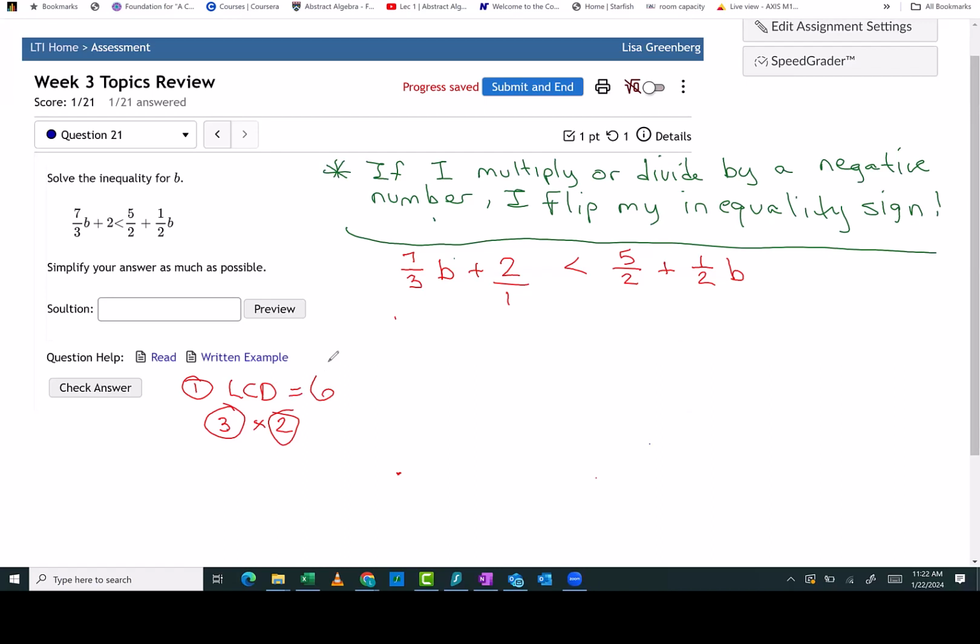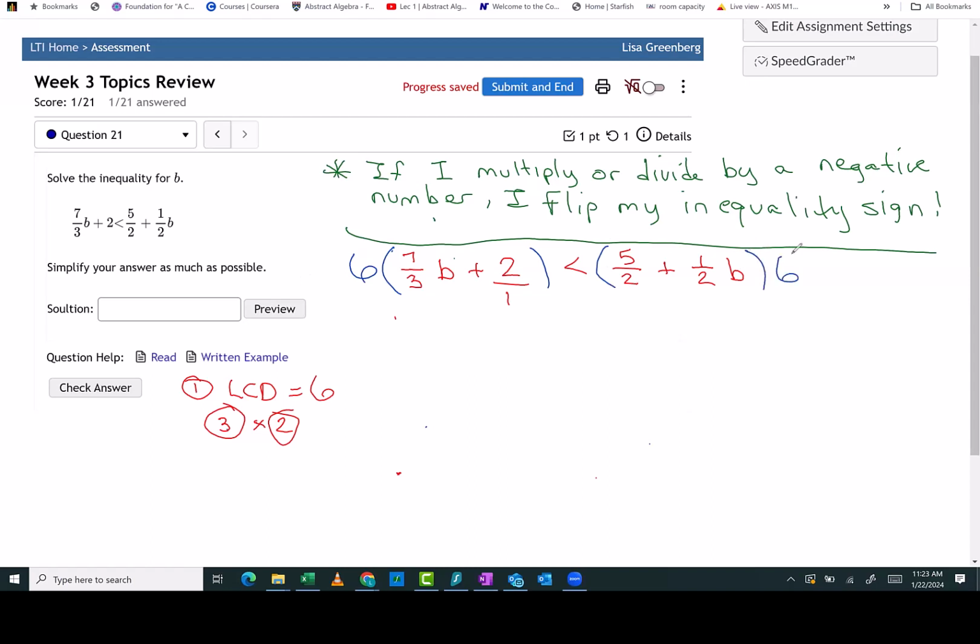Now I'm going to show you a really cool trick. Whenever I have an equality or an inequality, and remember, I want to make things positive when I do this so I don't have to worry about my signs, I can multiply both sides by my least common denominator.